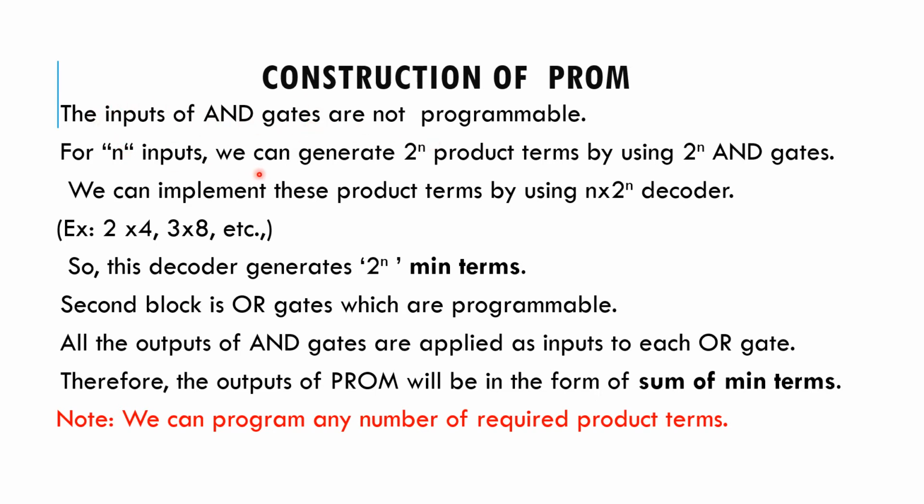For n inputs, we can generate 2 to the power of n product terms by using 2^n AND gates. We can implement these product terms by using an n × 2^n decoder. For example, we can use a 2×4 decoder, 3×8 decoder, etc. So this decoder generates 2^n minterms.